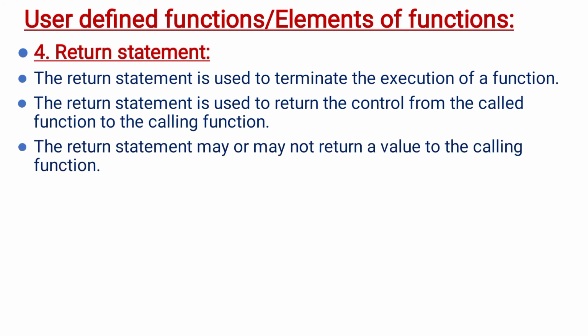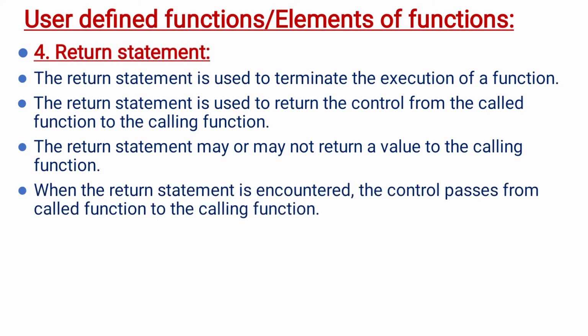The return statement may or may not return a value to the calling function. If there is any return value, then the value should be written. If there is no return value, then it doesn't return any value to its calling function. When the return statement is encountered, the control passes from the called function to the calling function.